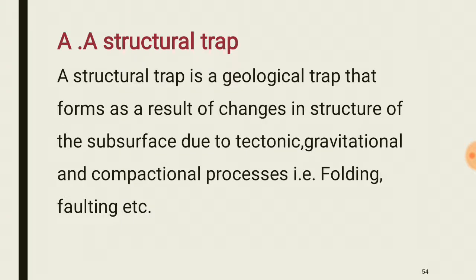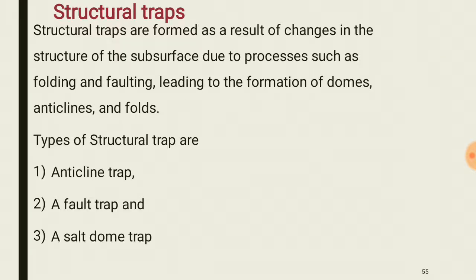As we have said, structural traps are divided into three types, caused by tectonic movements. The first one is the anticline, as I showed you in the previous examples, and also there is the fault trap and the salt dome trap.